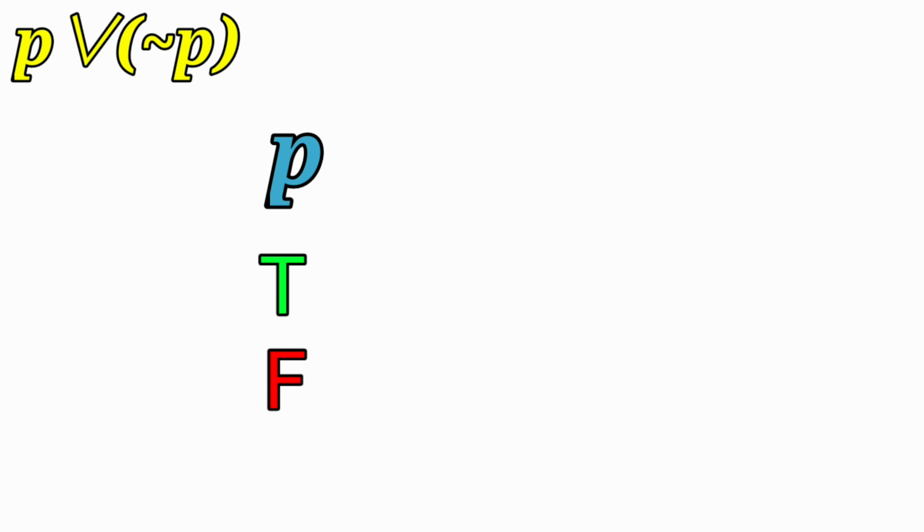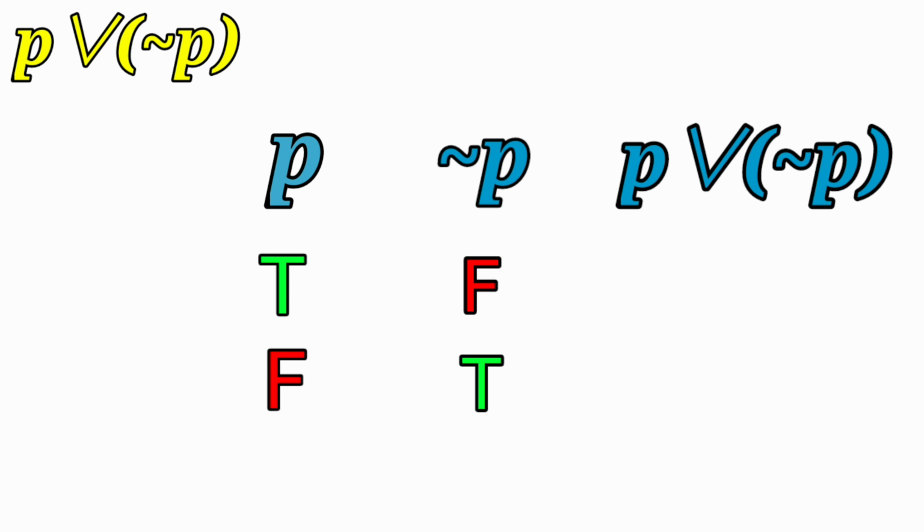Now let us take its negation, that is negation P. If P is true, negation P is false. If P is false, negation P is true. Now let us take the truth value of P or negation P. First case, if P is true, negation P is false, the disjunction is true.